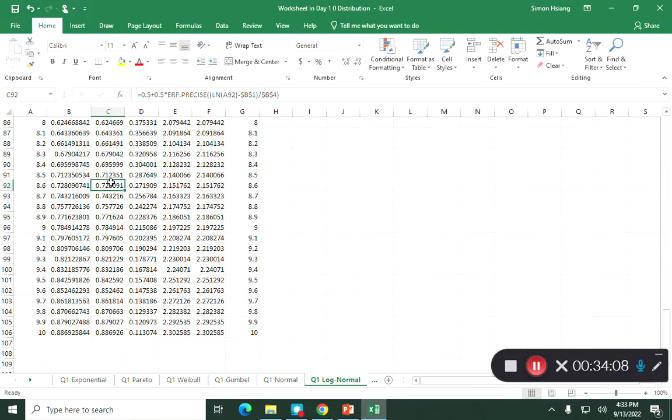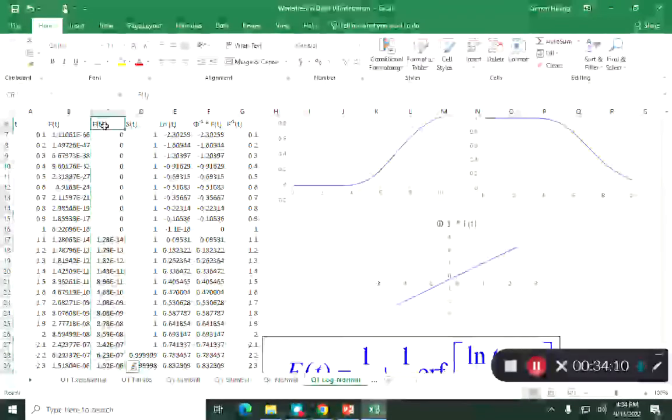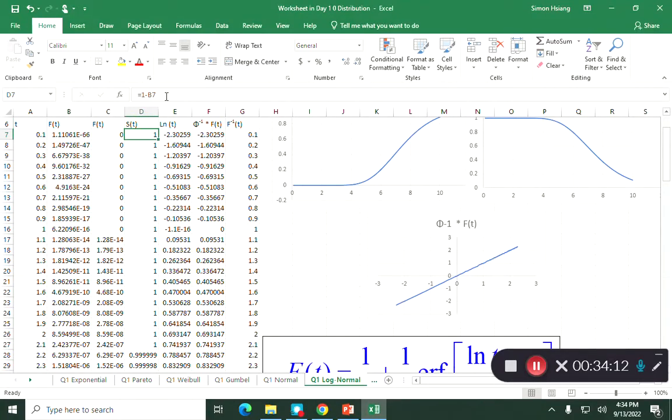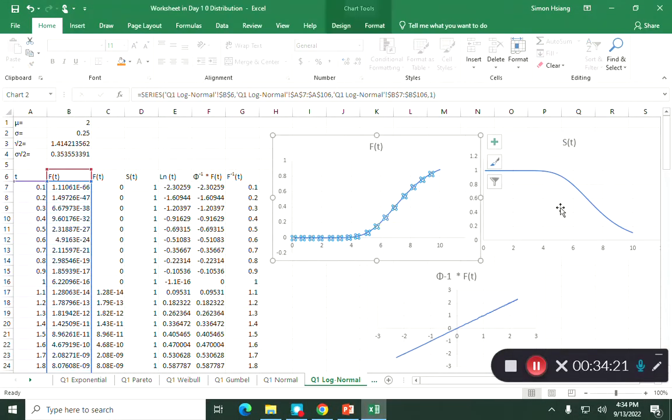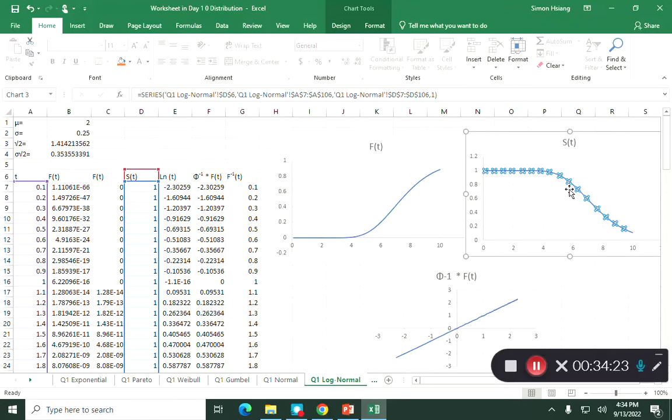So going back, I have my FT, then I can use either the B column or C column to generate my ST. And then once I have my FT and my ST, I will start playing with the log T.